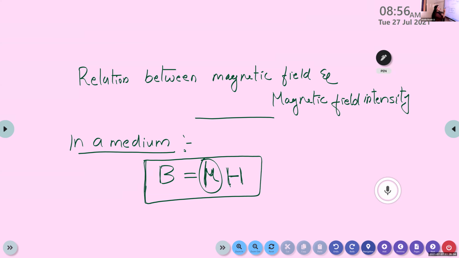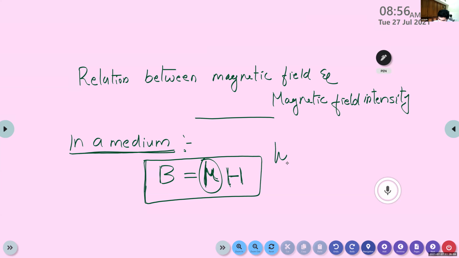But here we are considering the relation between magnetic field and magnetic field intensity in a medium. So can you guess what mu represents? Here it is not free space; there is a medium. Permeability of the medium.